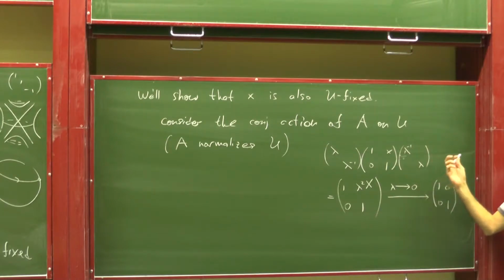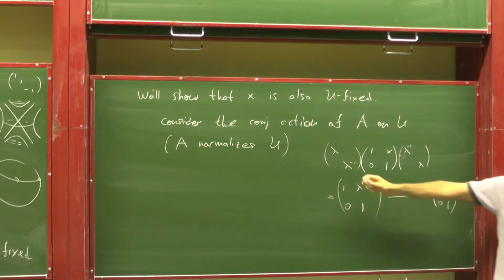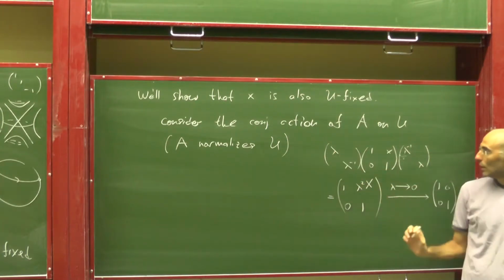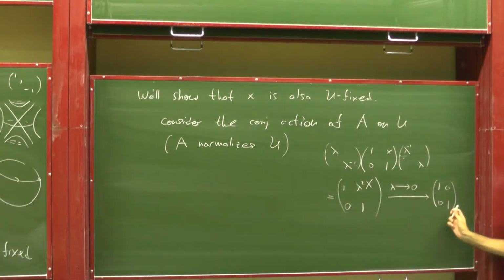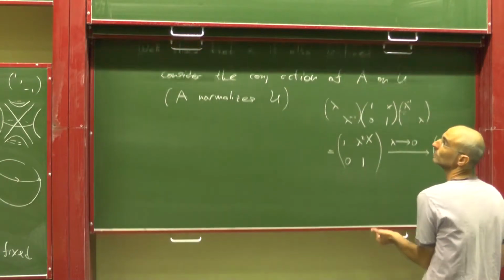This is the phenomenon that whenever you have a unipotent element, you can, by the action of the diagonal group, contract it to the identity element.